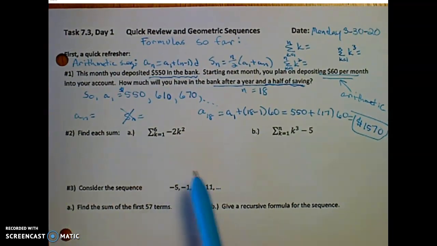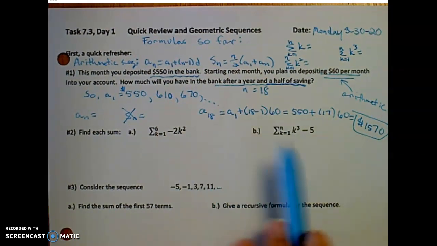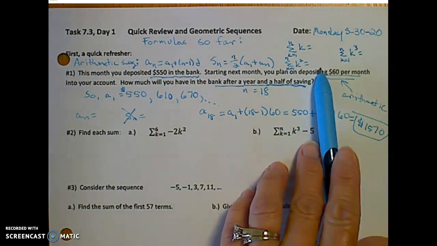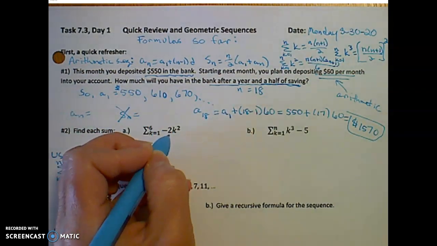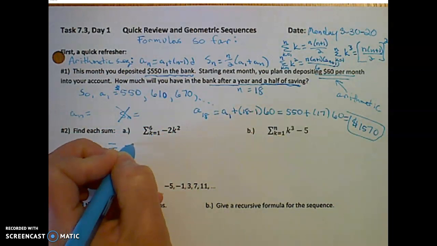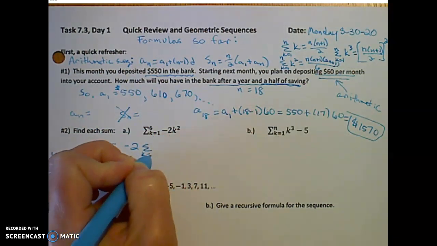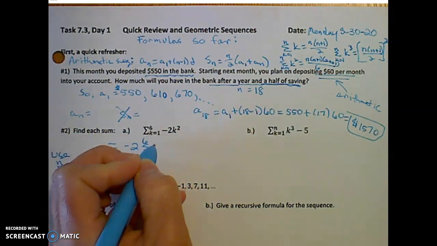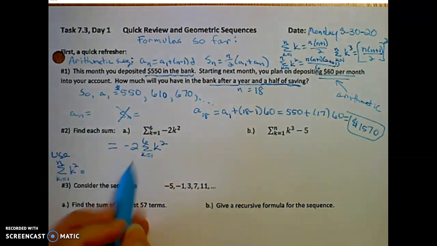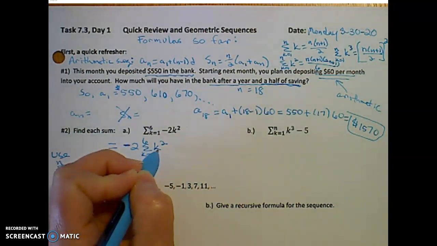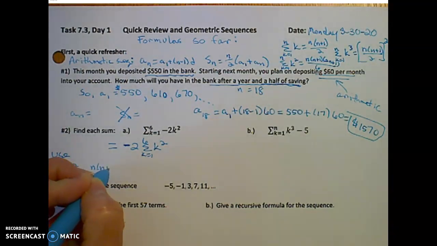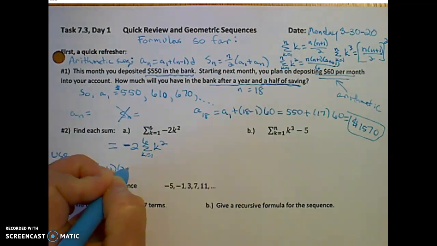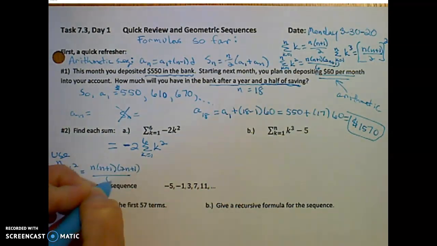Take a moment, if you would, just as review from last week, to try to think about these sums. I will tell you that for these sums, k squared and k cubed, we're going to need those formulas. So refresh your memory on those formulas. Okay, for this first one, I know I can take out a -2. The coefficient comes out. -2 times the sum of k equals 1 to 6, the first 6 squares. There is a formula for the sum of the first however many squares, and that is n times n plus 1 times 2n plus 1 all over 6.